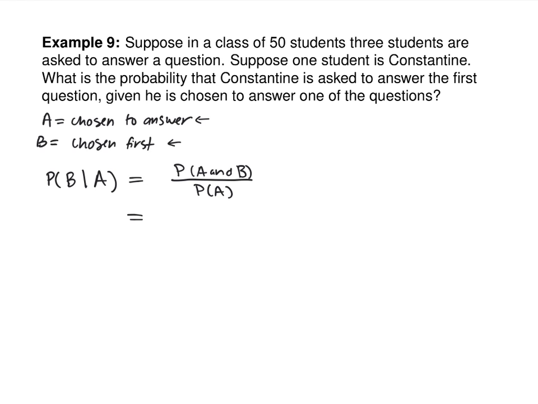So how many people are chosen to answer that are first? One, just 1 out of how many? 50. And then that's divided by the probability of A, which is that he's chosen to answer in the first place, which is 3/50ths, which does work out to be 1/3, like you said. My question was way easier than I thought I'd made it. But that's how you would use that rule.